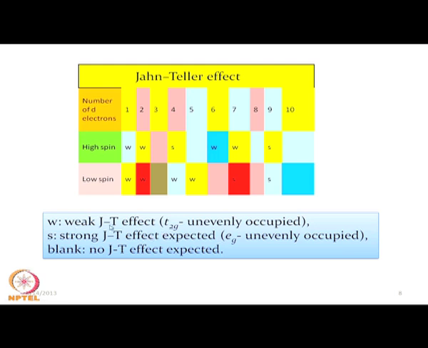But what is a weak Jahn-Teller effect? The weak Jahn-Teller effect is due to the uneven occupancy in the T2g level, which is not facing the ligand directly, because we all know that in octahedral geometry the Eg orbitals are facing the ligands directly along the 3 Cartesian axes x, y and z.